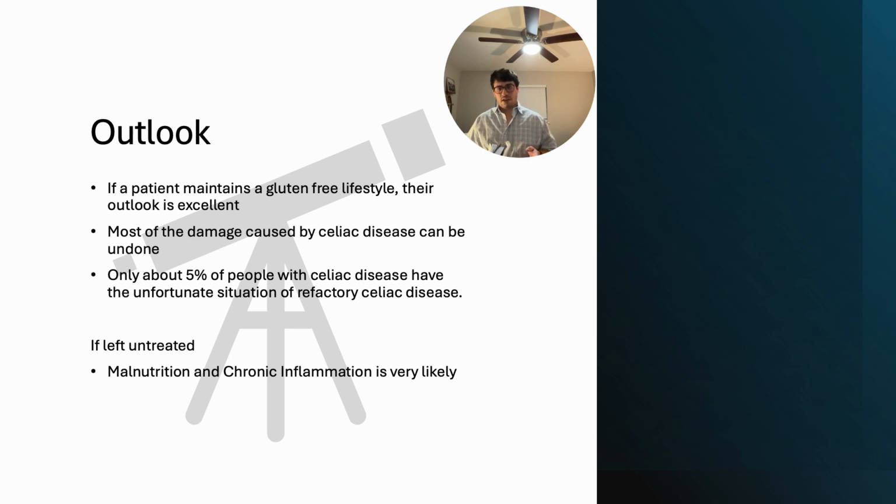You can completely cut that stuff out because most of the damage, around 95%, I believe, of the damage done by celiac disease is actually undoable, which is very, very positive news for those that prolong the amount of time before they actually get medical help with celiac disease. There's a lot of really good hope for it.